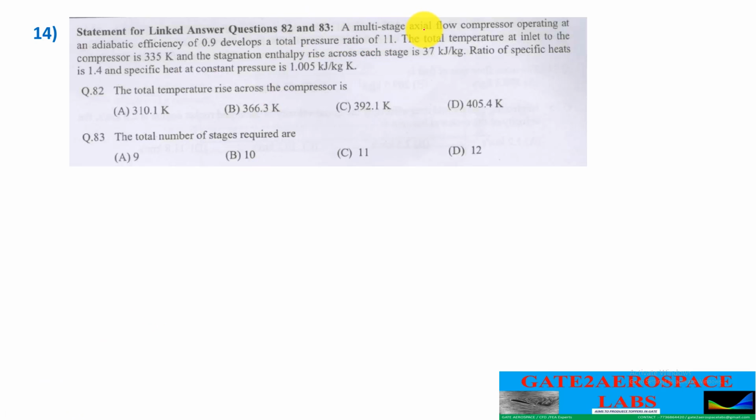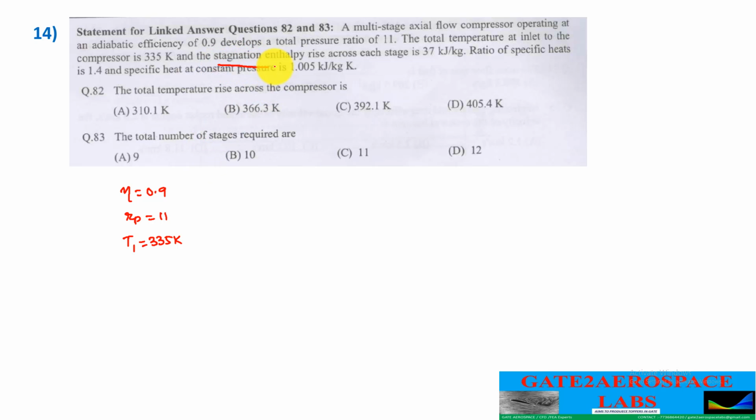The next question is: in a multi-stage axial flow compressor operating at an adiabatic efficiency of 0.9, the total pressure ratio is given as 11, and the total temperature at the inlet of the compressor is given as 335 Kelvin.